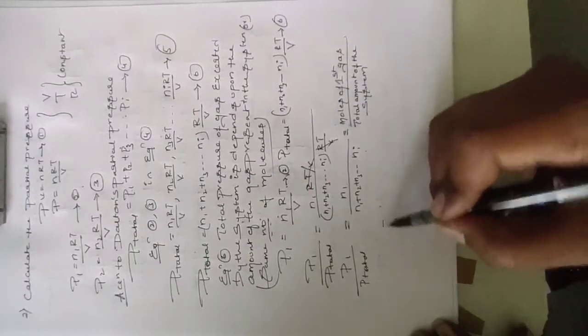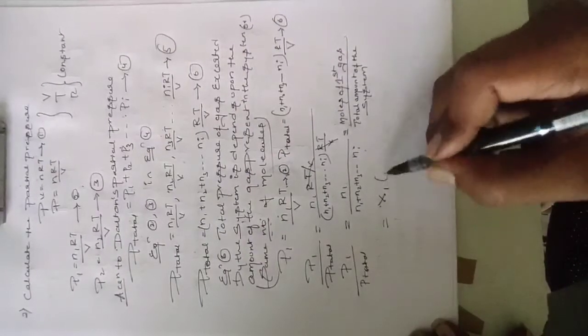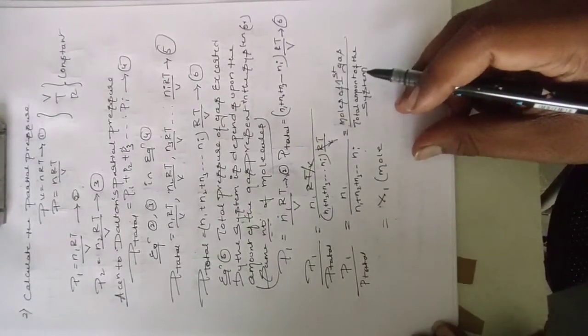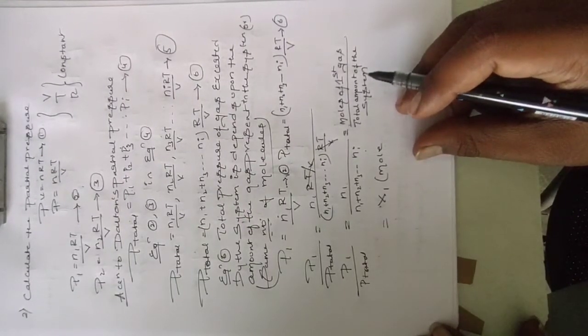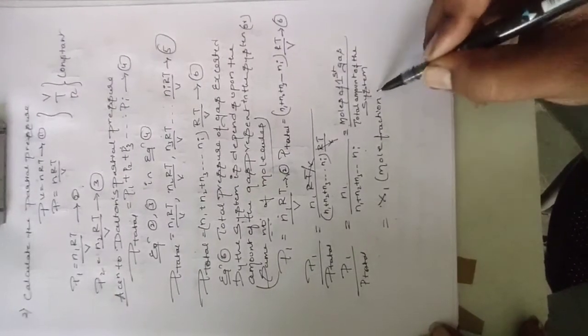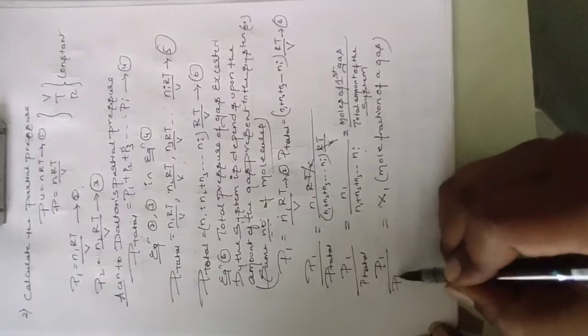Okay, we will write that this equals x1, the mole fraction of a gas. Mole fraction equals the moles of the first gas divided by the total moles of the system. Mole fraction of a gas equals P1 by P total.